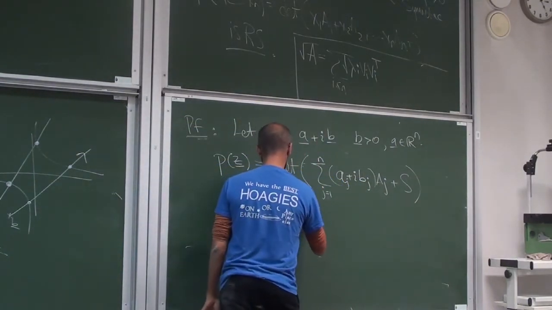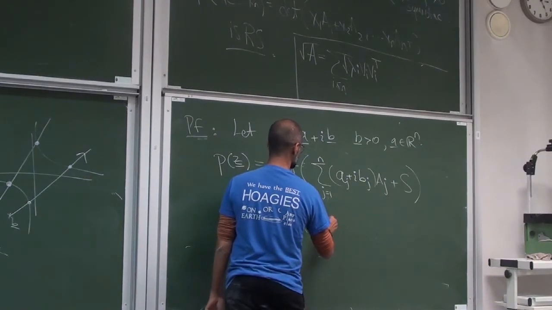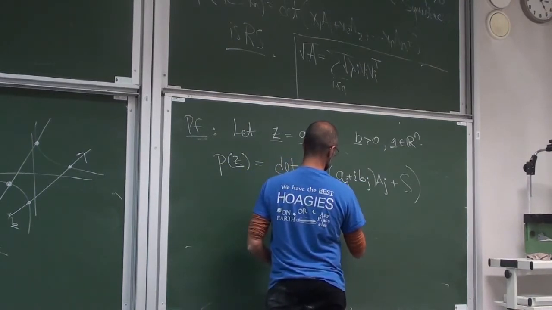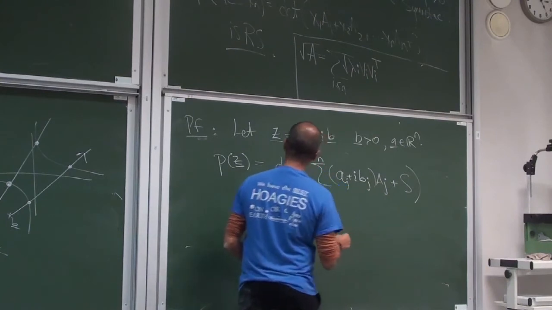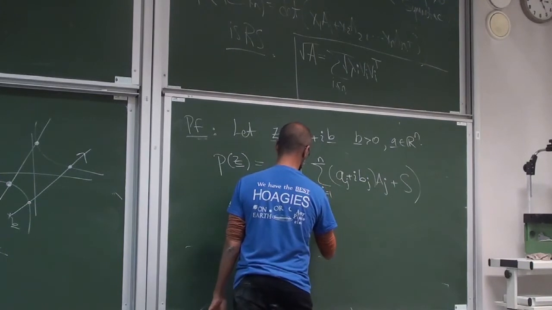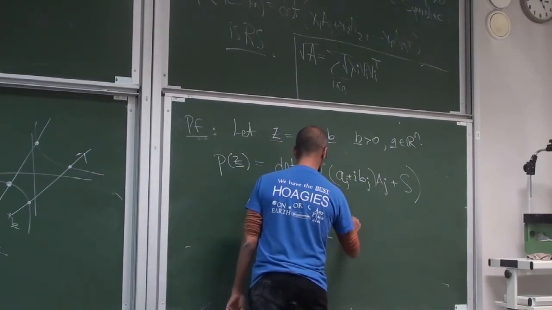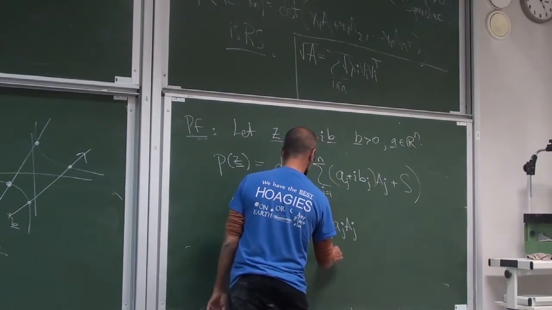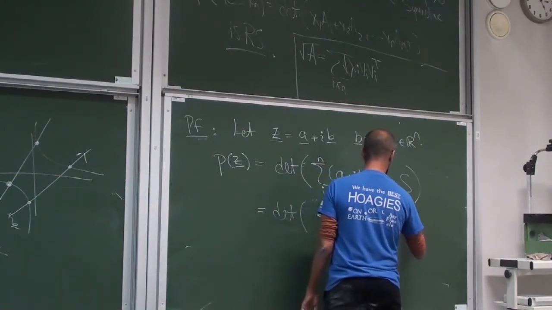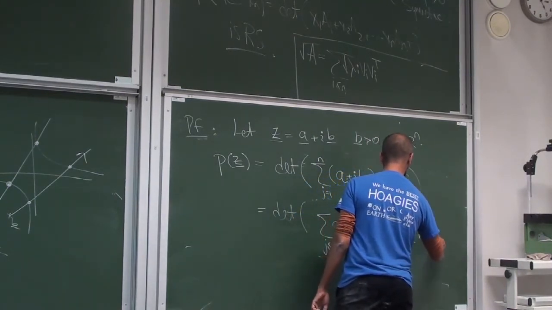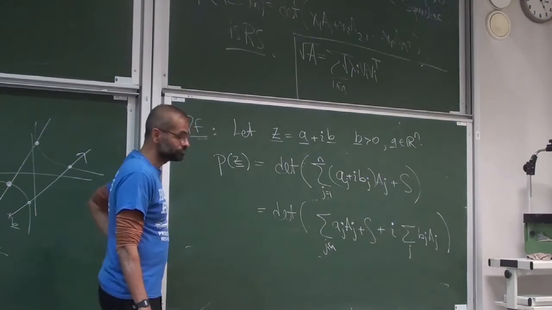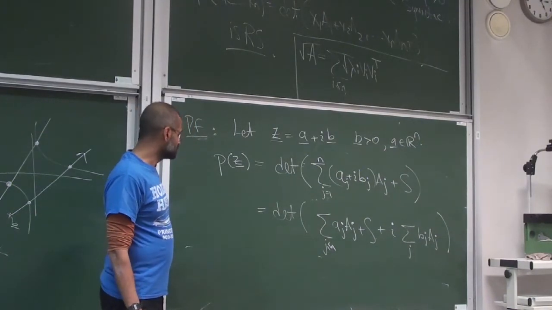So this is the determinant of summation a_j A_j, capital A_j, plus S, plus i times summation b_j A_j.